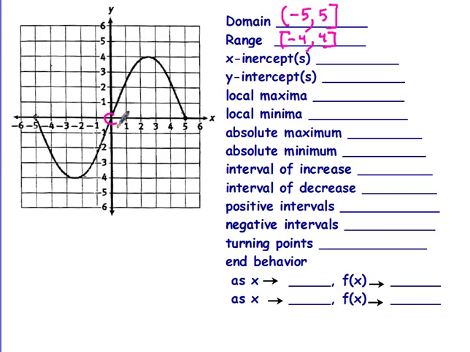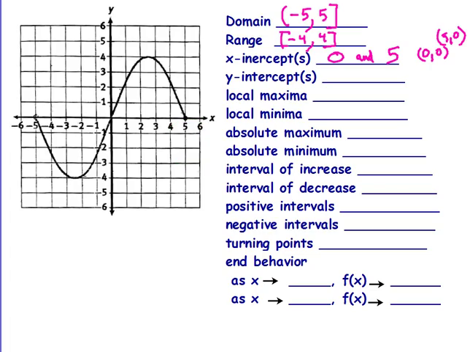But we do have an x-intercept here at 0, and we have another x-intercept at 5. So 0 and 5. Sometimes we actually write the ordered pairs for those points. So you could write 0, 0, and 5, 0 for those x-intercepts. But that's x-intercepts.